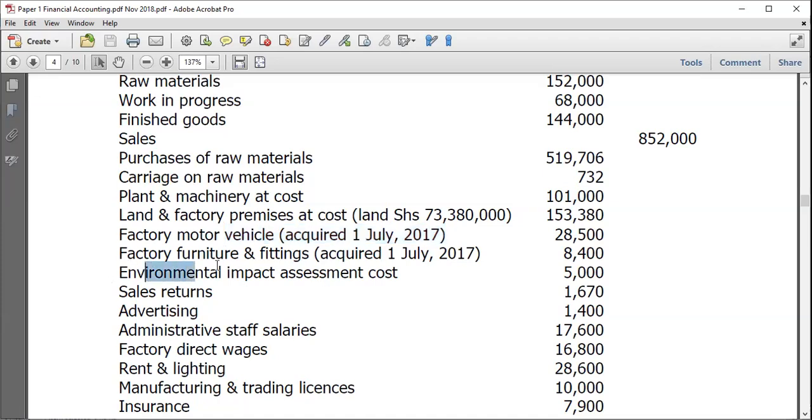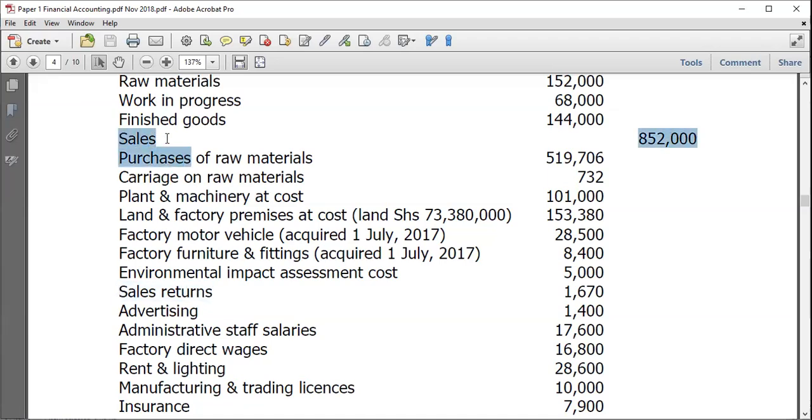Then we have what we call the environmental impact assessment cost of 5,000. We have the sales returns of 1,670. We have advertising right here of 1,400. Then we have administrative staff salaries of 17,600. Now we know very well that sales returns go hand in hand with sales.